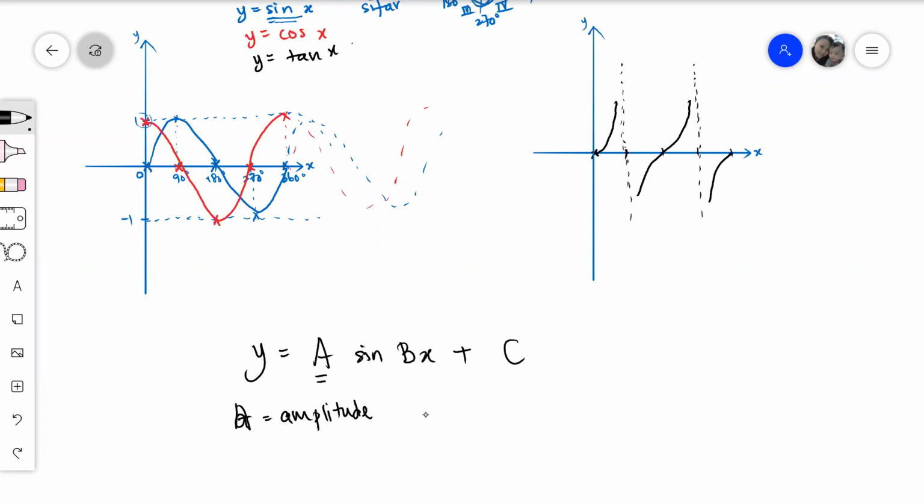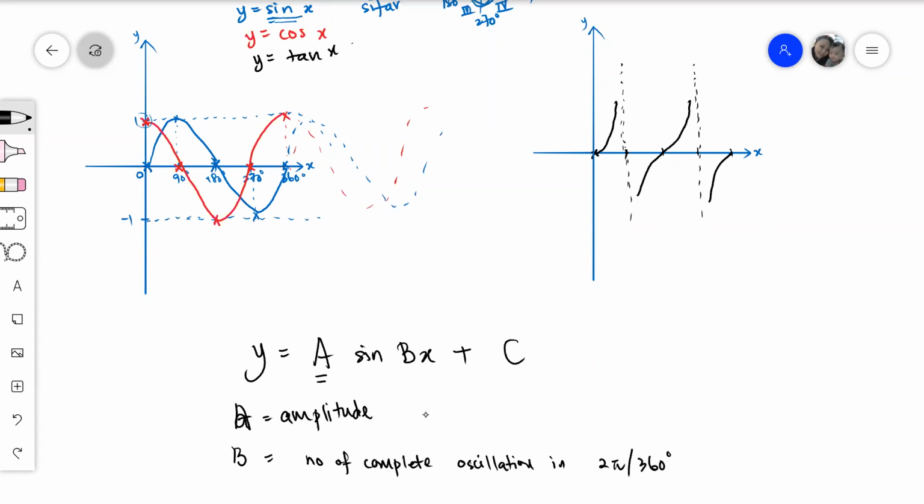What about b? B represents the number of turns, the number of complete oscillations in 2 pi or 360 degrees.